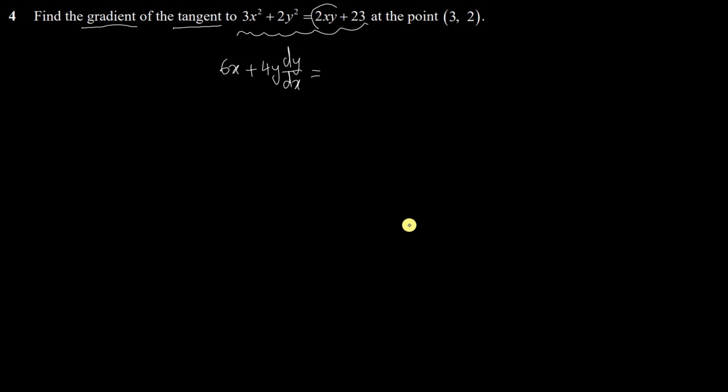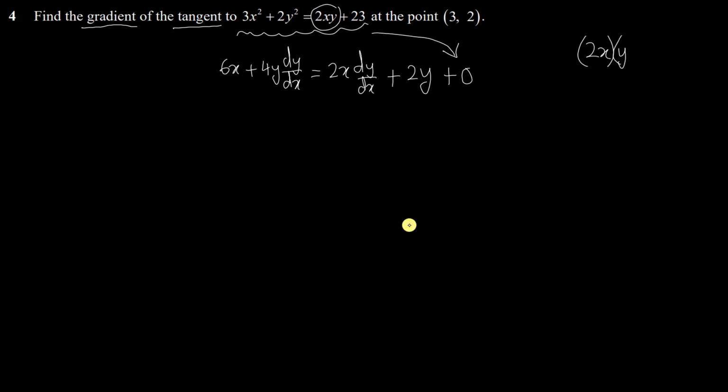if we differentiate this, we get 2x dy/dx, then plus 2y if we differentiate separately, and if we differentiate 23, we get 0 from here. And for 2xy, like before, we need to apply the product rule here.